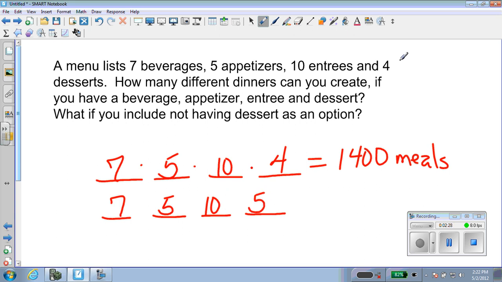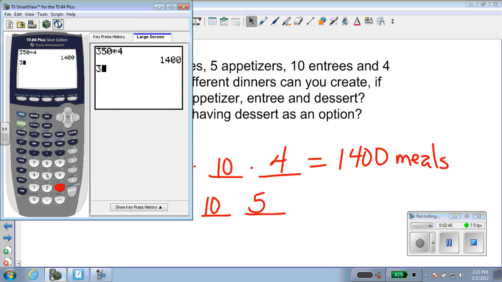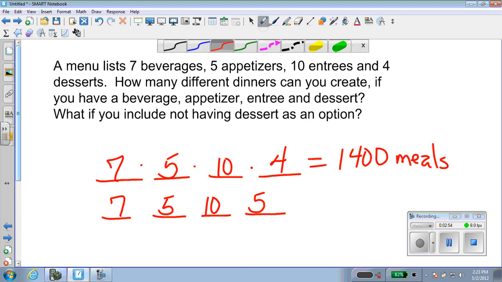The 4 actual desserts, let's say a sundae, a piece of cake, a piece of pie, churros, or no dessert. So no dessert now counts as the 5th option. So now we're going to take our 350 and multiply it by 5. So we have 1,750.